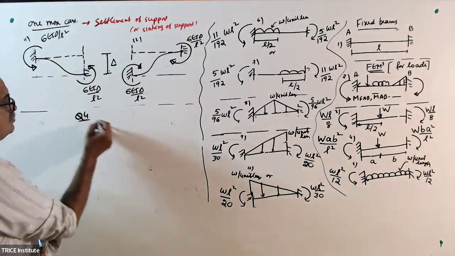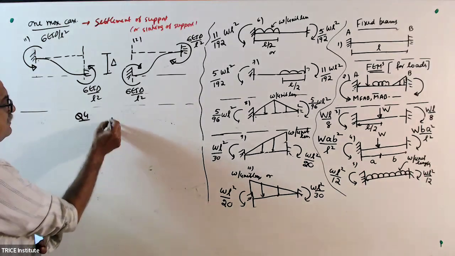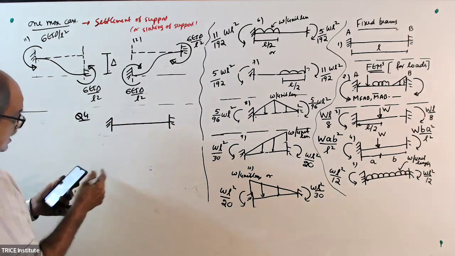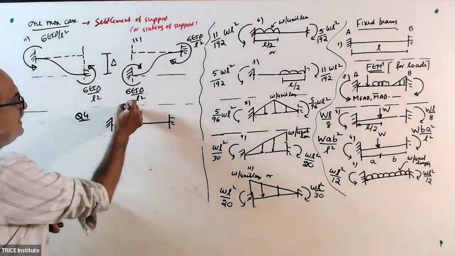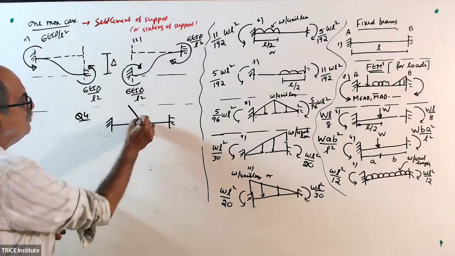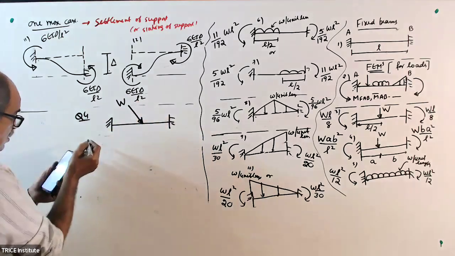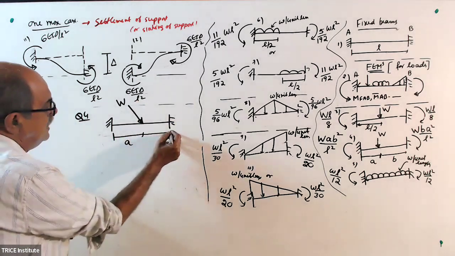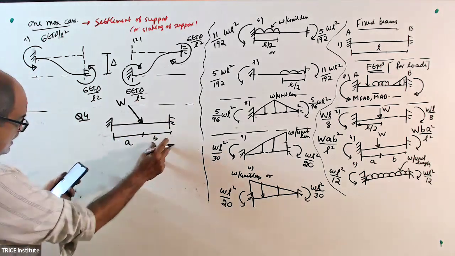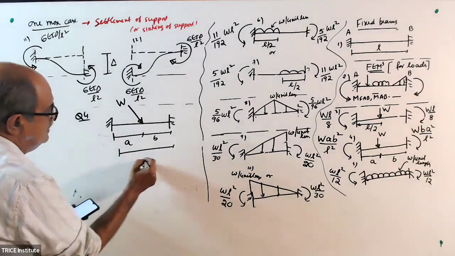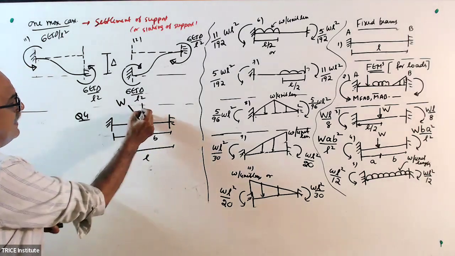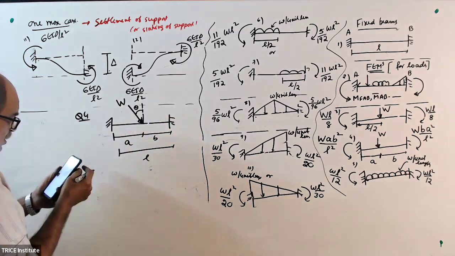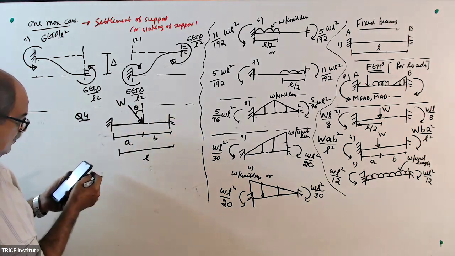They told a fixed beam where there is an inclined load W at A from here and B from here. Span is L. The angle made by the W, this is theta. They want the fixed end moment.